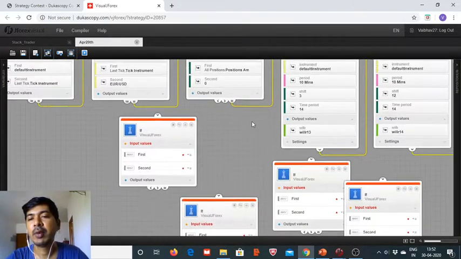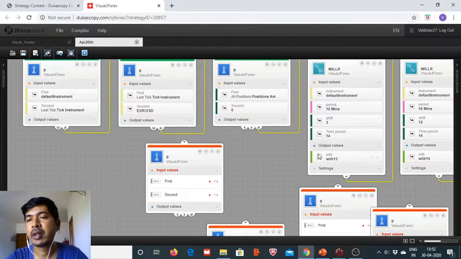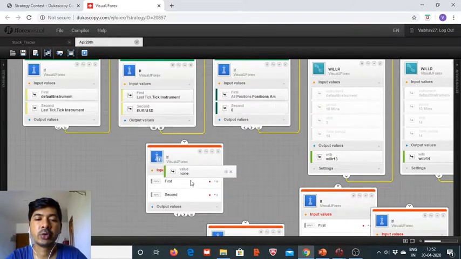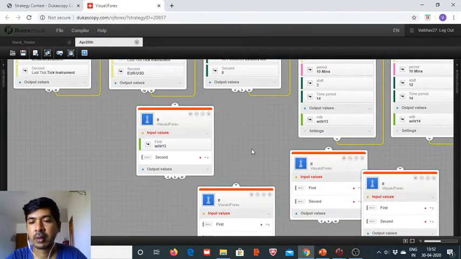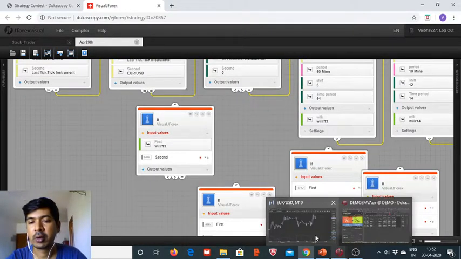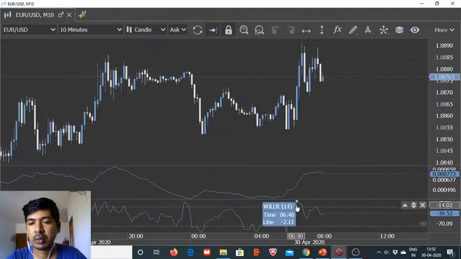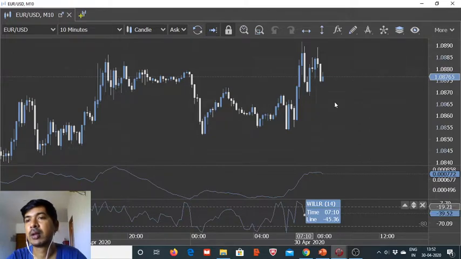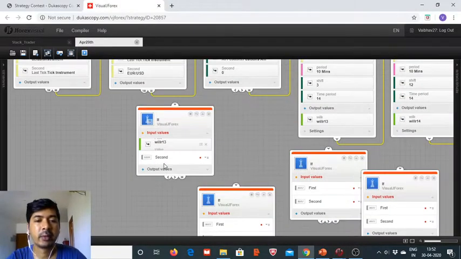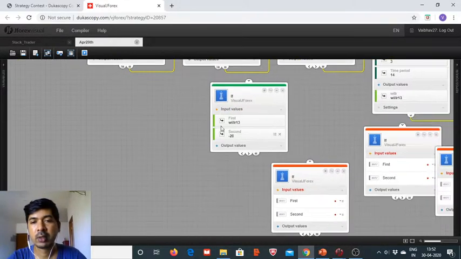Now as I said, while buying we look at the Williams value of the shift 3, and it should be above -20 here on the chart. So we put it here, -20. Okay, we got it.